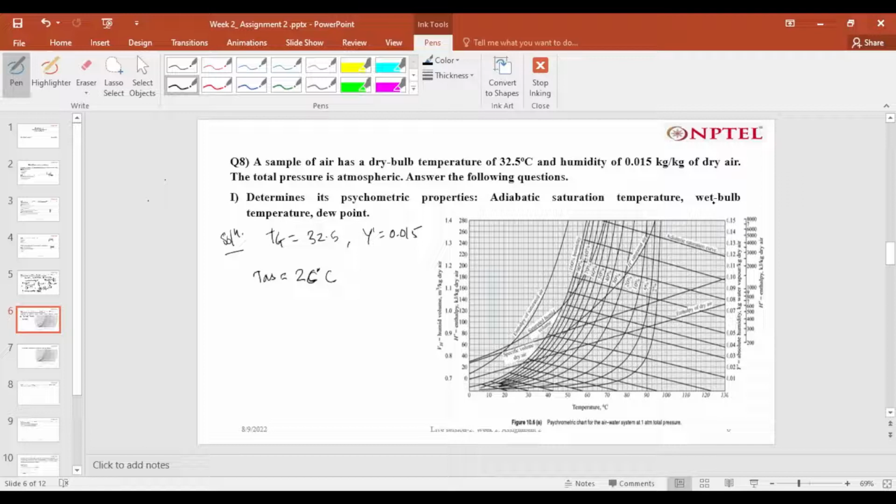Dew point temperature TD. First locate this point, the same Tg and this 0.015. Now draw the line horizontally to reach the 100% humidity curve, and then draw the line perpendicular to the x-axis.